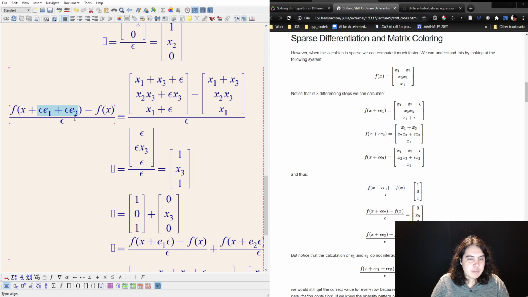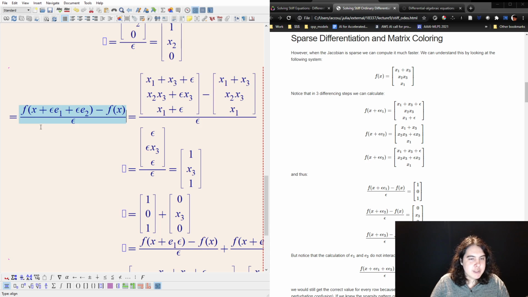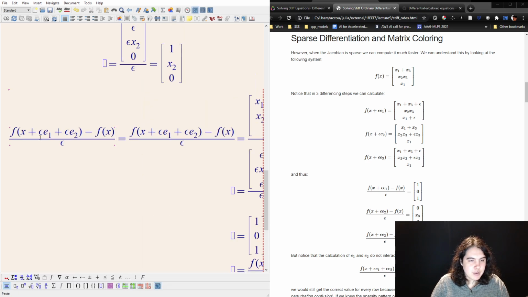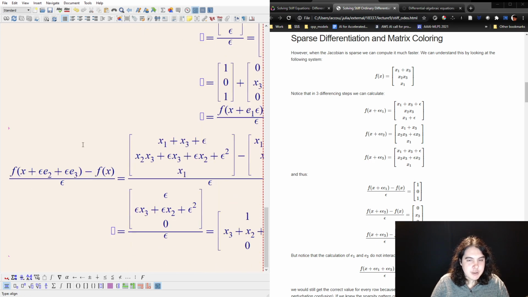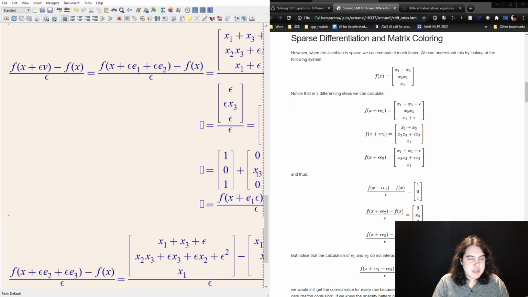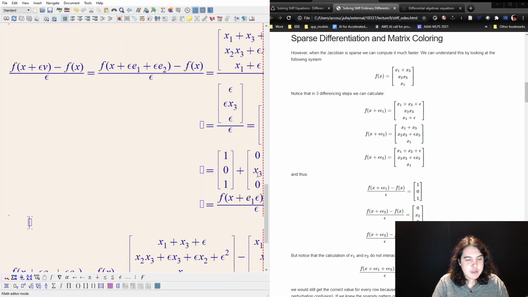Now, we didn't write this out, but let's add another equals over here. What is this equal to? Well, this is equal to epsilon times v, right? This is a direction. This is a directional derivative in the direction of v equals 1, 1, 0, because it's e1 plus e2, which is 1, 0, 0 plus 0, 1, 0 equals 1, 1, 0.